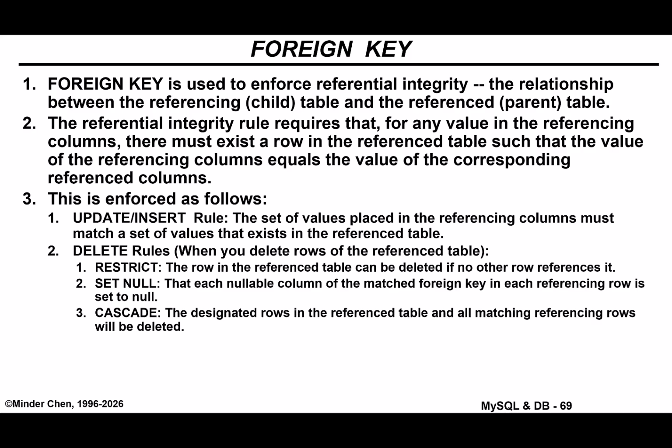So when you create an order and you assign a customer ID for that order, but if that customer ID doesn't exist in the customer table, that's a violation of this foreign key primary key pair, because you cannot have an order that has a customer that doesn't exist in your customer table, okay? And this is where that data integrity rule, or we call it referential integrity, is being enforced.